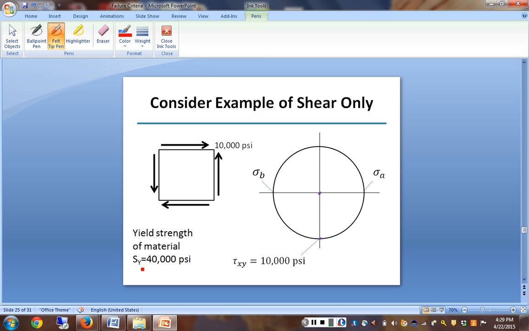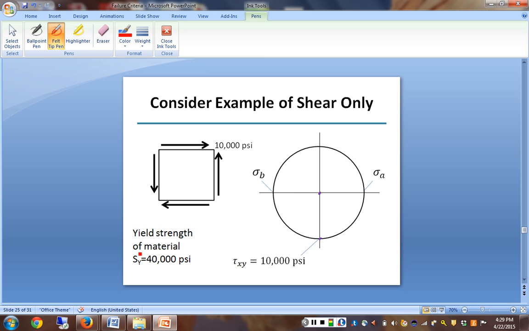Then I draw a circle. Because this circle happens to be centered at the origin, my 2 principal stresses are equal in magnitude to the shear. That's what a pure shear case looks like. So sigma A is 10,000, sigma B is minus 10,000, and my max shear is 10,000.